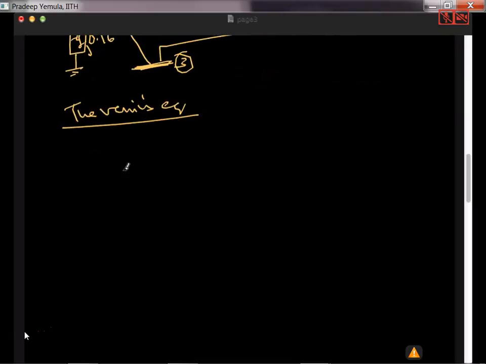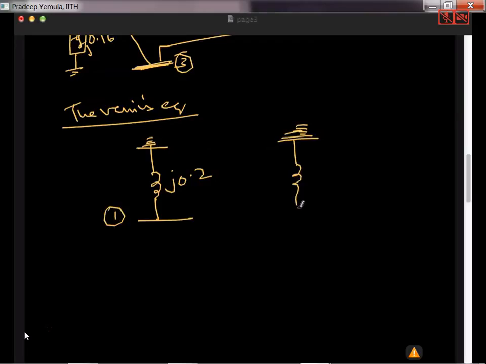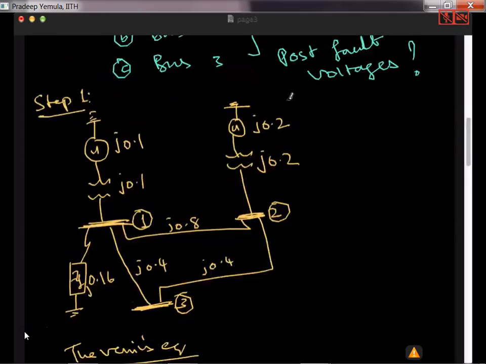What you have to do is just short circuit the generator here, and then J 0.2 we have here. This is bus 1. This also you short circuit. Then I have J 0.4 here. You see these two are in series, J 0.2, J 0.2. If there is any other generator, that also you can see. By the way, what is the path of the fault current? The fault current is like this.